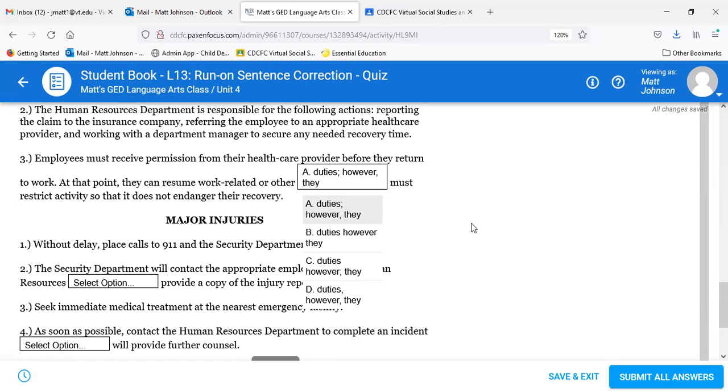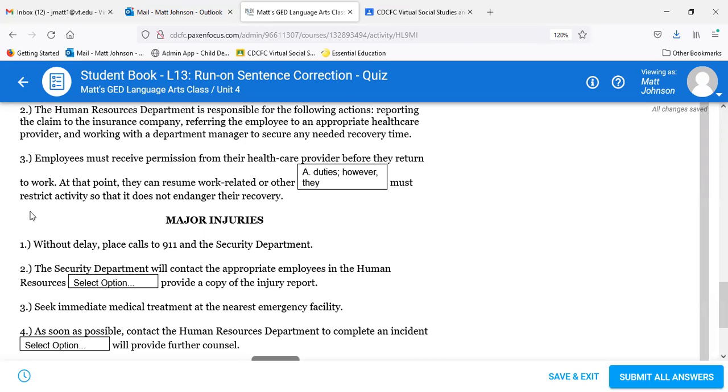If it's in the middle of a sentence, you know right away that you're going to use semicolon and comma if it's separating 2 complete ideas. You always need punctuation before and after however, so just think about where it falls in the sentence. So duties, semicolon, however, comma, they must restrict activities so that it does not endanger their recovery.